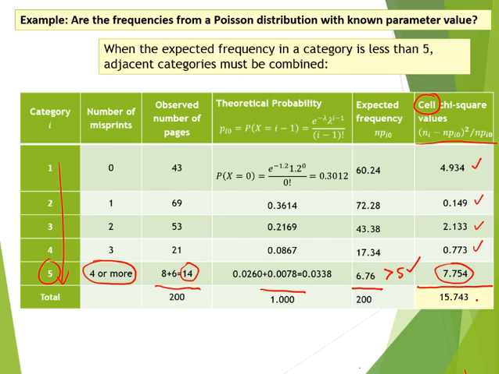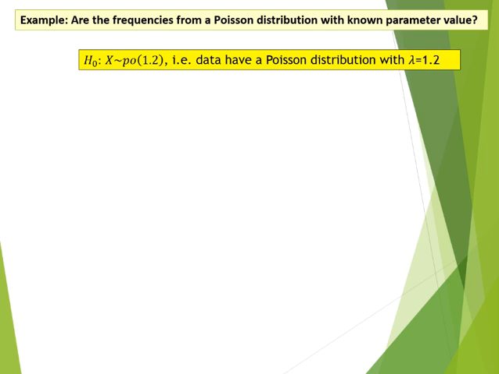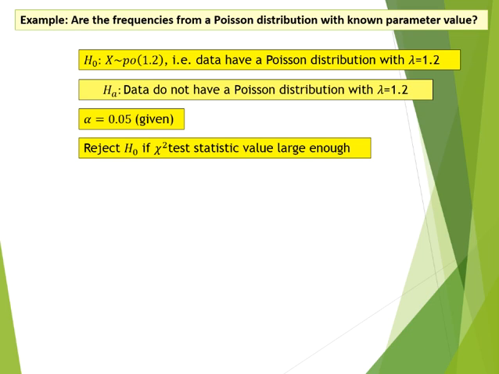Now we are ready to perform the complete test. First of all, the null hypothesis is always the hypothesis with everything known. So if we suppose that it has a Poisson distribution and suppose that lambda is equal to 1.2, we can calculate the probabilities, otherwise we can't. That's why that's always your null hypothesis, against the alternative that it's not. And then you have to get your rejection region. You will always reject when your chi-square test statistic value is large enough.